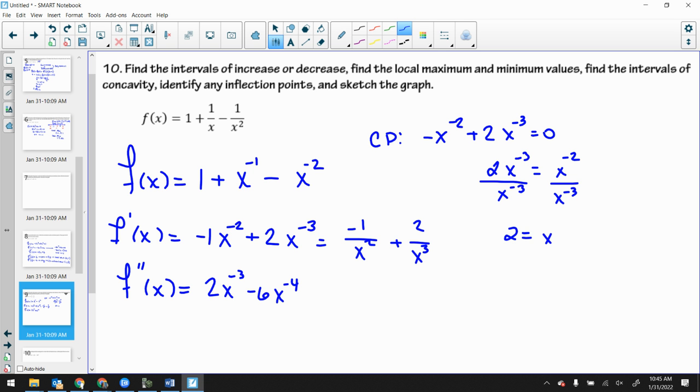Can I have 0? No. Because it does not exist. Okay, so x equals 2 and x equals 0 are my critical points. x equals 2 is my zeros. x equals 0 came from this being undefined at x equals 0. Okay? We good?